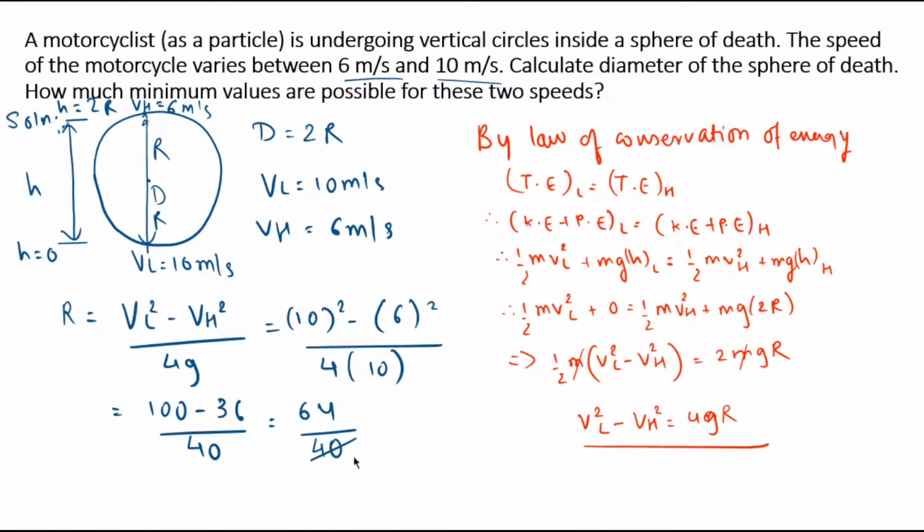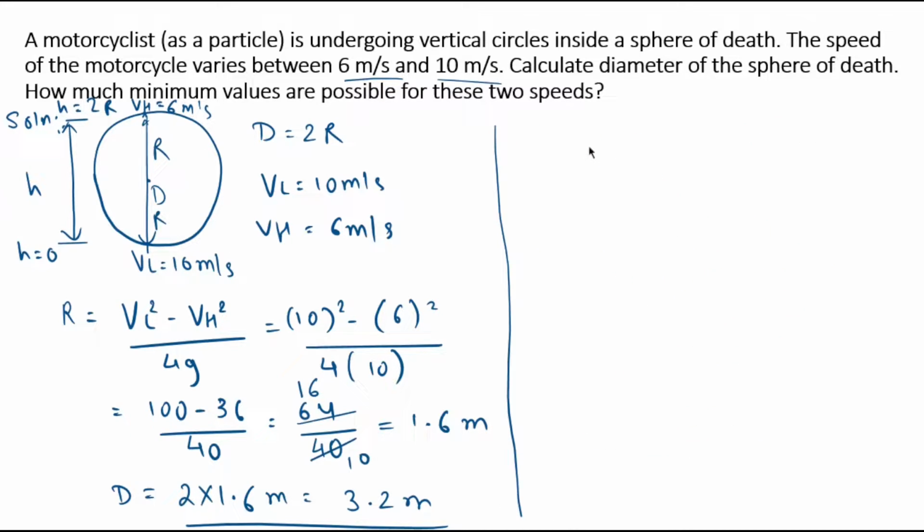So 4 tens are 40 and 4 sixes are 64. So this will be 1.6 meter. So diameter will be twice the radius, that is twice of 1.6 meter, which will be 3.2 meters. So the diameter of this vertical circle is 3.2 meters.